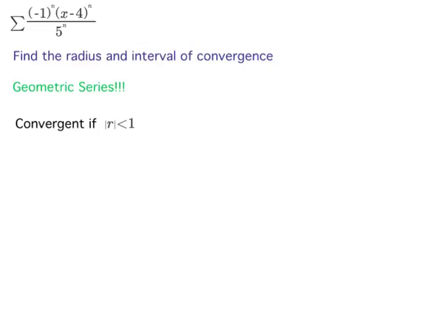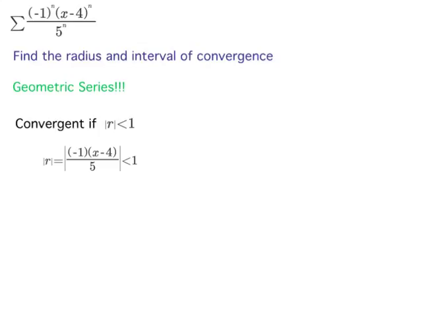So the absolute value of r would be the absolute value of everything that gets an n as an exponent. I need the absolute value of (-1)(x - 4)/5 to be less than 1.